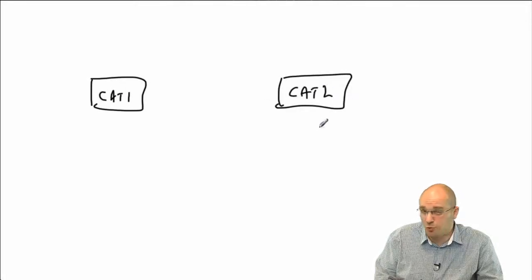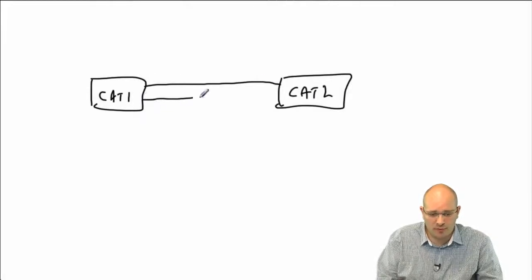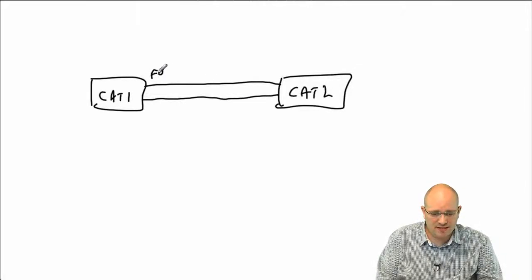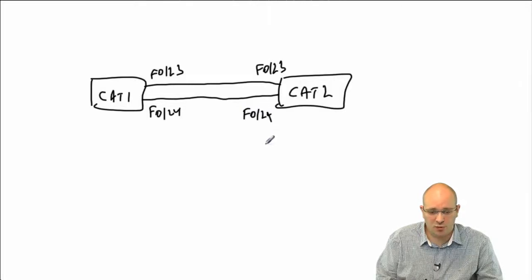These are the same two switches I've been using so far, and instead of just having one link between them, I'm going to have two links. This is going to be FastEthernet 23, and this is going to be FastEthernet 23. This is going to be FastEthernet 24, and this is going to be FastEthernet 24.